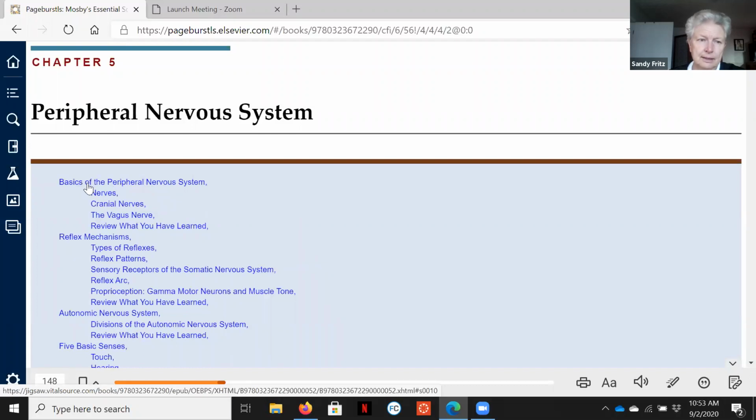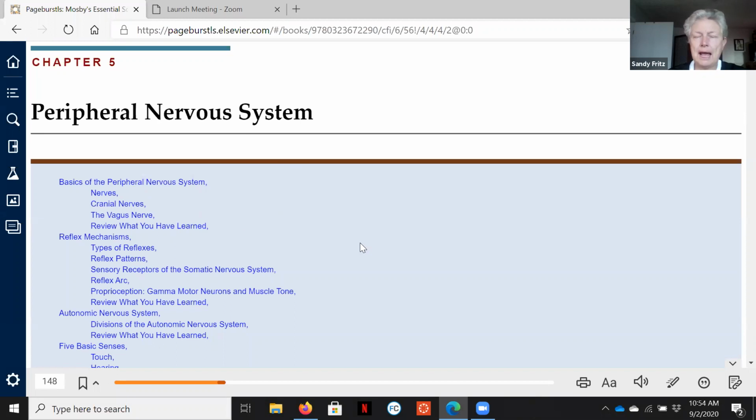This has a little less concreteness to it. There are actual nerves and reflexes, but you can't as easily trace the autonomic nervous system as well as you can trace the peripheral nervous or the somatic nervous system. Both part of the peripheral nervous system here.